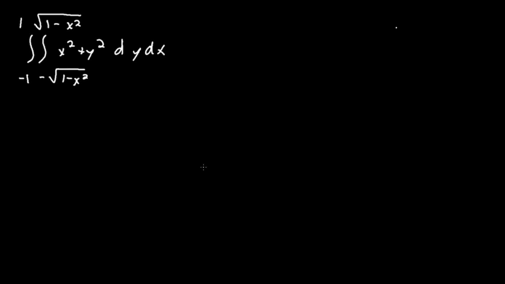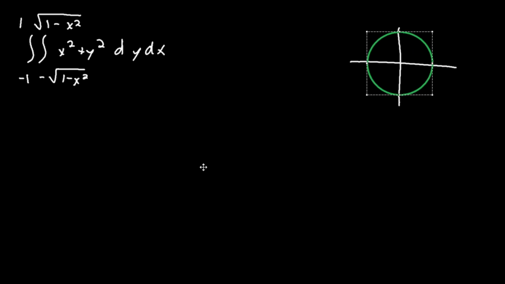And if you draw out this bound, you simply get a circle. I'm going to use the tool. Okay. So our y boundaries are this function up here and this function down here.